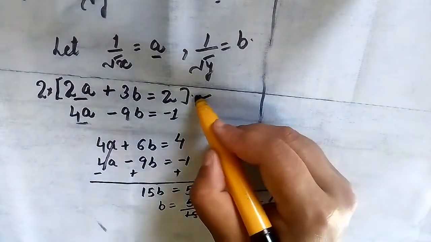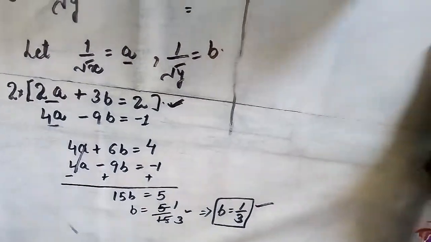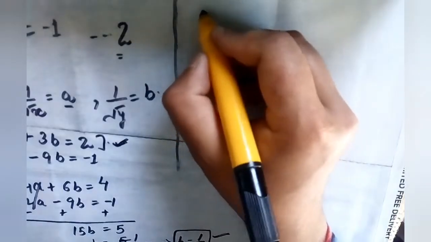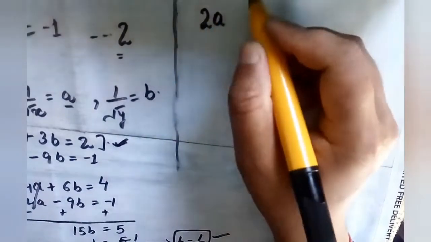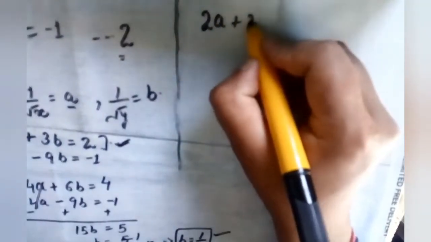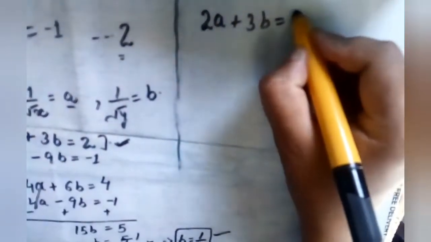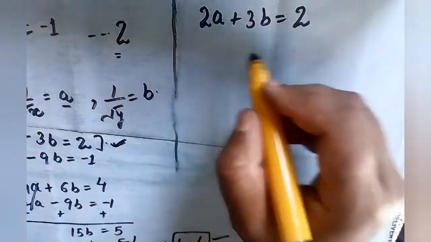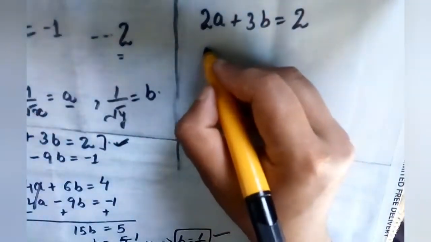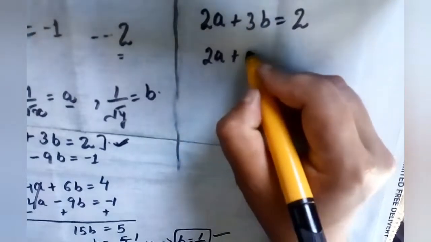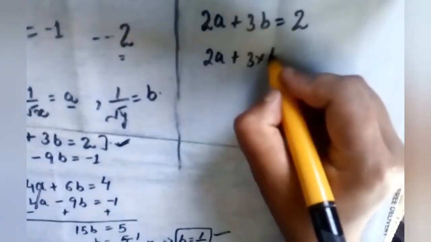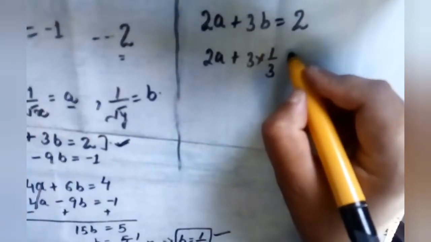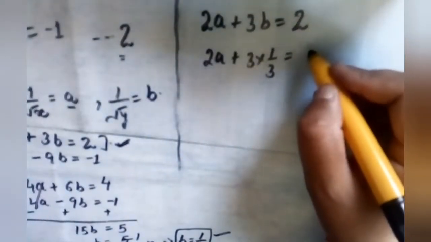So I am replacing it in the first equation, that is 2a plus 3b equals 2. The value of b was 1 upon 3. So the equation will become 2a plus 3 into 1 upon 3 equals 2.